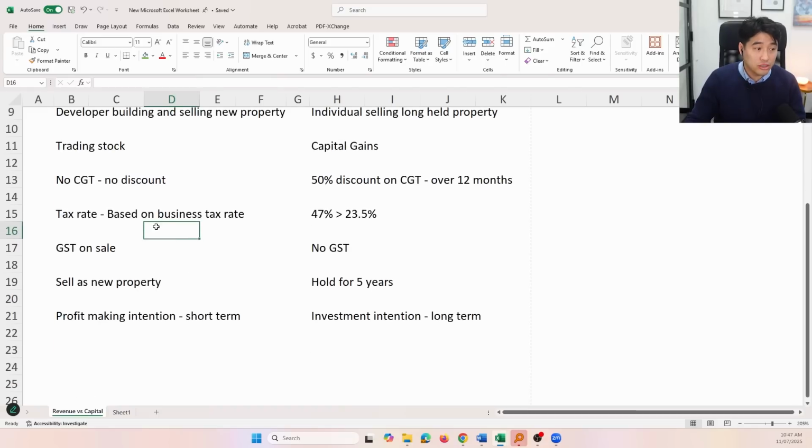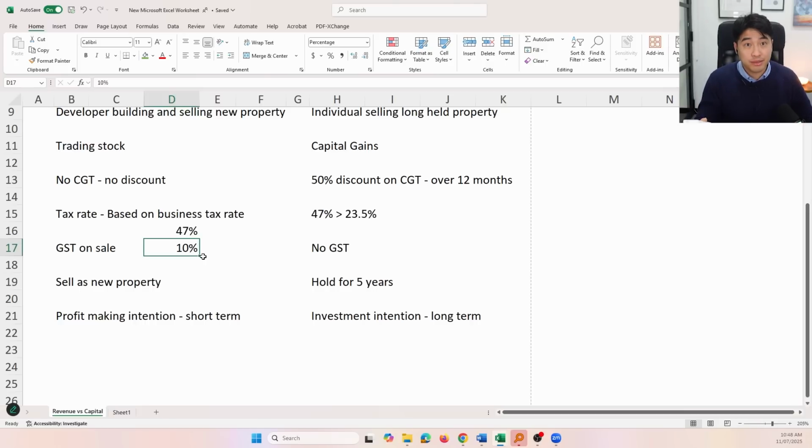The ATO doesn't just do that, though. They take 47% tax on the net profit, but they also take 10% GST on the product sale. Because the property is a new residential property, remember the example of the calculator: I sold it for $50, but I bought it for $10.